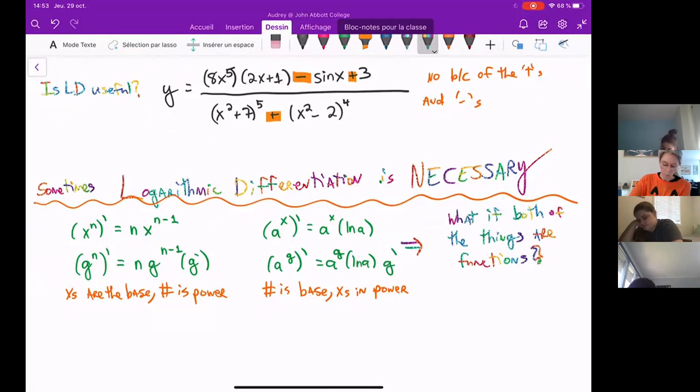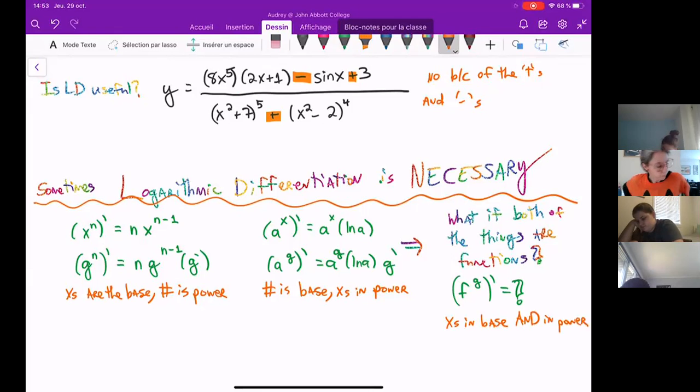In other words, what if I have something of the form f to the power of g? So I have x's in the base and in the power. And the answer is, in this case, we must use logarithmic differentiation.